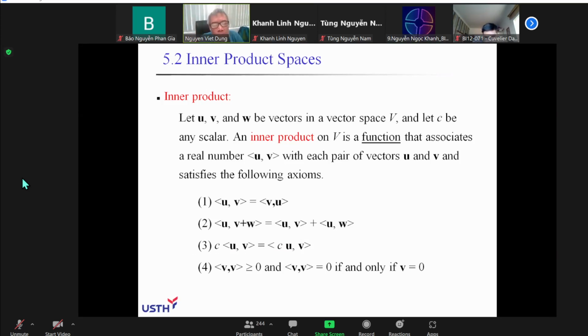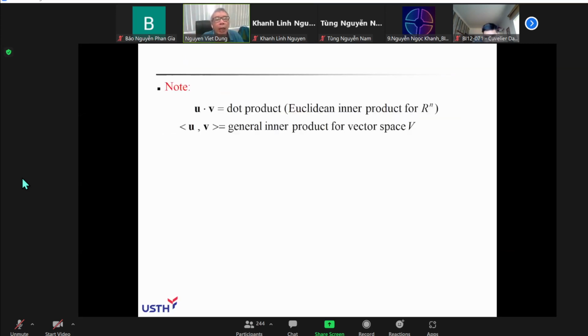So that's it. And here I call your attention to this. The dot product is usually denoted by u dot v, and is named the Euclidean inner product. But in general, in any vector space, the general inner product will be denoted by u, v between sharp brackets like that.